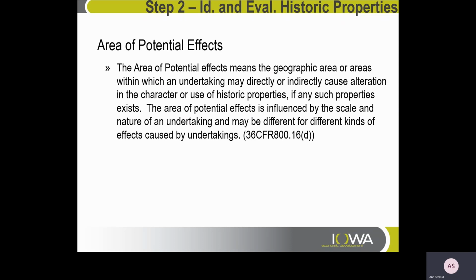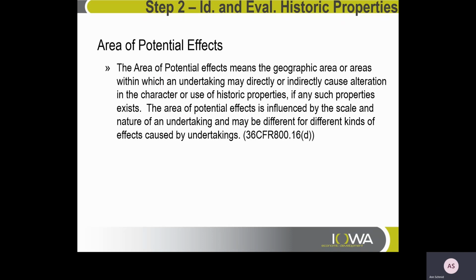If we have a project that is only the interior rehabilitation of buildings, so nothing on the outside, no windows, simply just interior, maybe electrical and plumbing repairs on the inside, well, the area of potential effects is limited to just that house because nothing that I do within that house could affect neighboring properties.